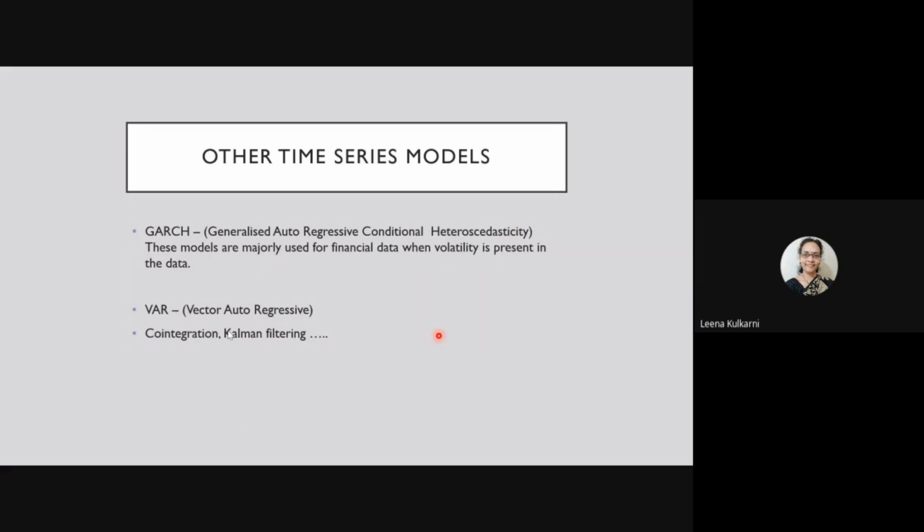Now, there are certain other models for time series data, depending upon what kind of data you have. These are very basic models that we are looking at. In finance data sets, where there is a lot of volatility present in the data, that may not be captured using only ARIMA models. So in that situation, we have the GARCH model available, which is basically the autoregressive conditional heteroscedastic model.